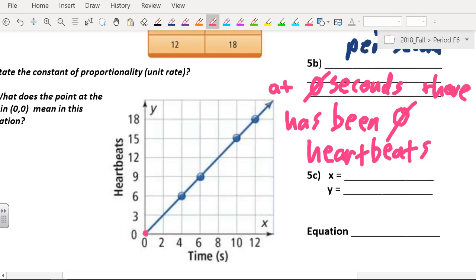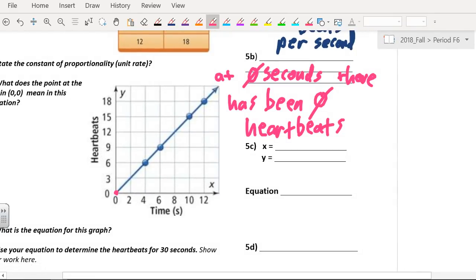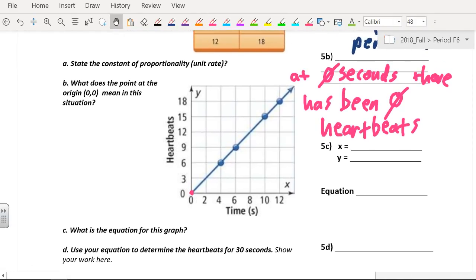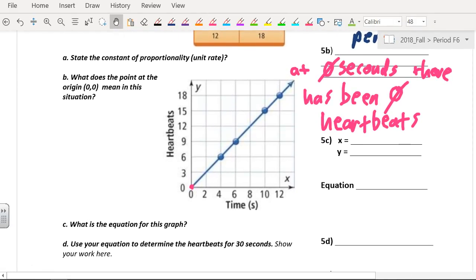Okay. All right, so let's see. What about 5C? What is the equation for the graph? Well, they want to define an x and a y, so there's a bunch of different answers.